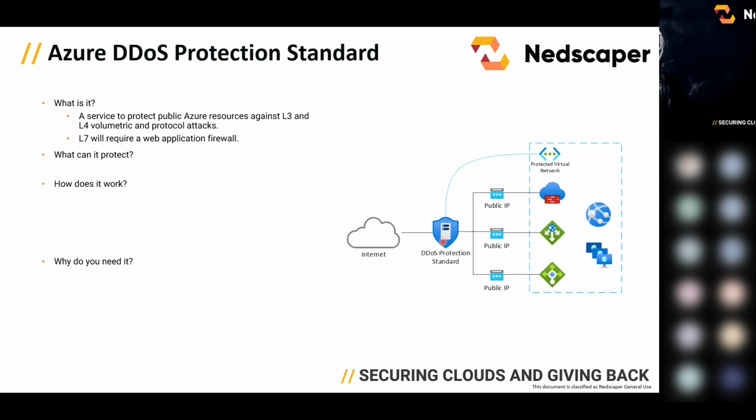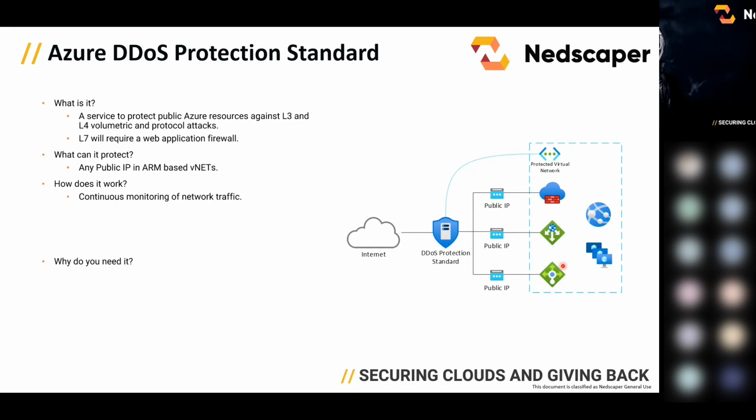So how it works is you link the Azure DDoS protection to a virtual network, and any asset in that network that has been assigned a public IP address will be automatically protected by the DDoS protection plan standard. So it doesn't matter what is behind the public IP address. It can be any kind of resource that can be configured with a public IP address.